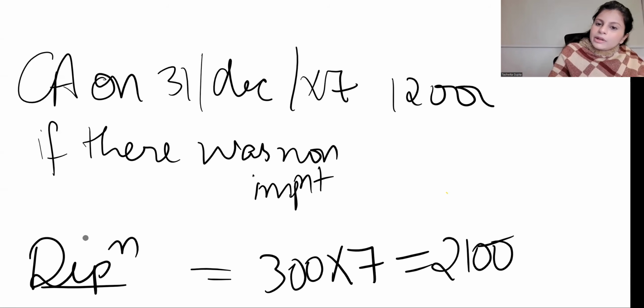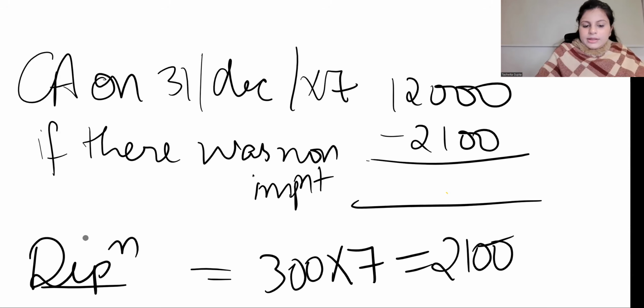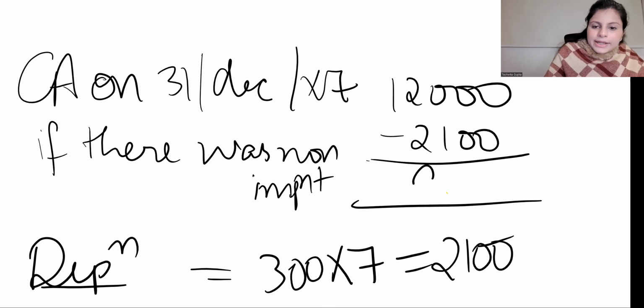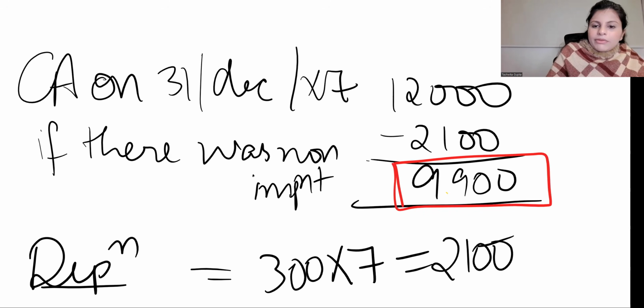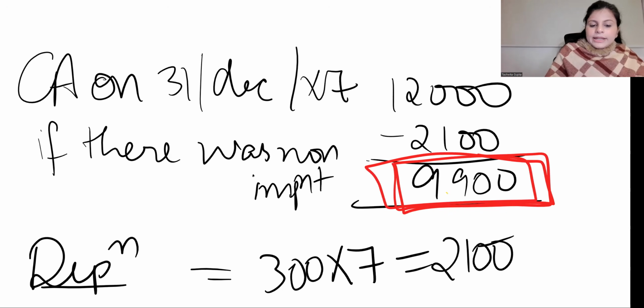So 12,000 minus 2100. How much is that? 9,900. So I can only reverse my impairment up to the extent of 9,900.